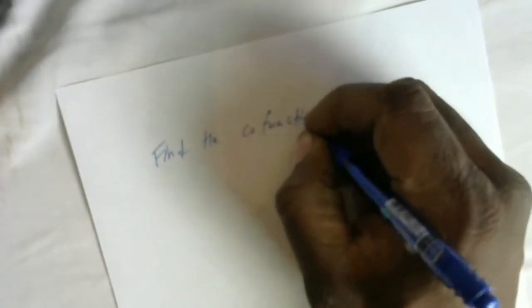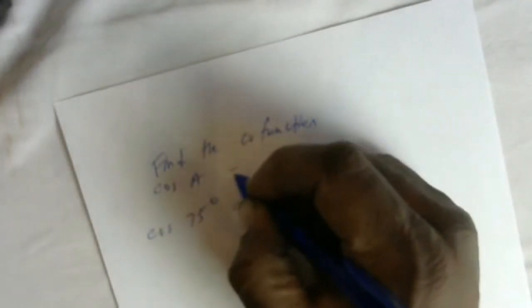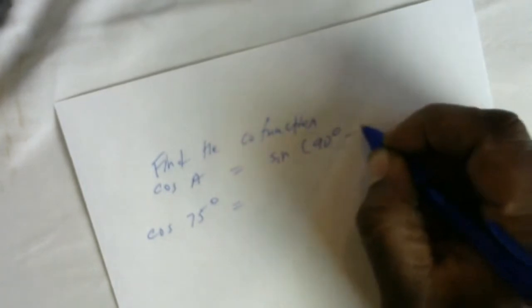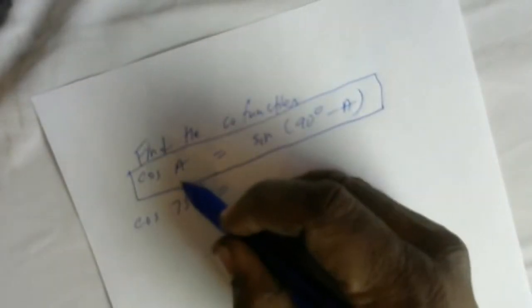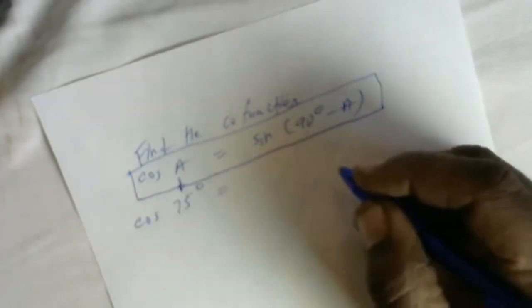Okay, find the cofunction for the cosine of 75 degrees. And if you refer to the formula sheet, the formula was the cosine of A is equal to the sine of 90 degrees minus A. So I'm simply going to substitute A for 75.